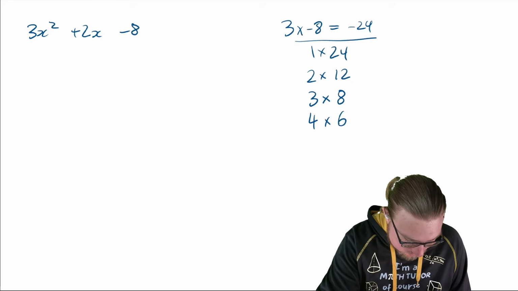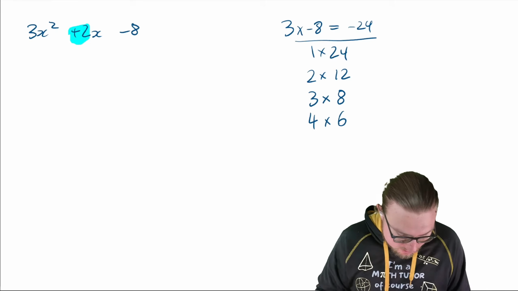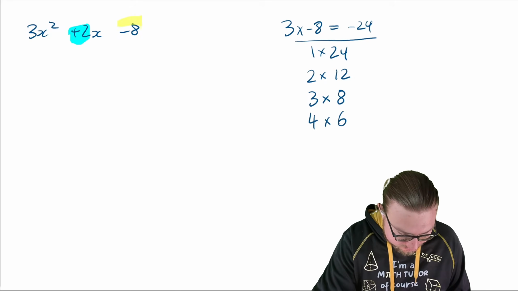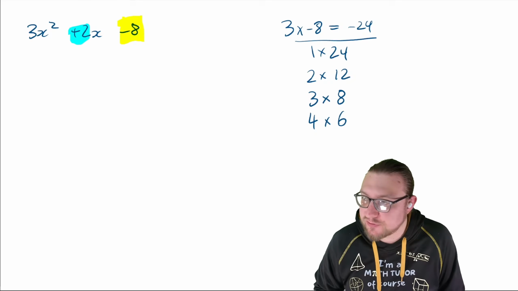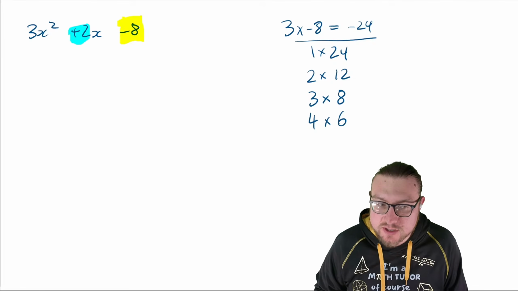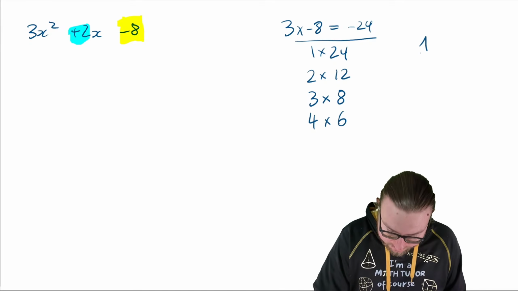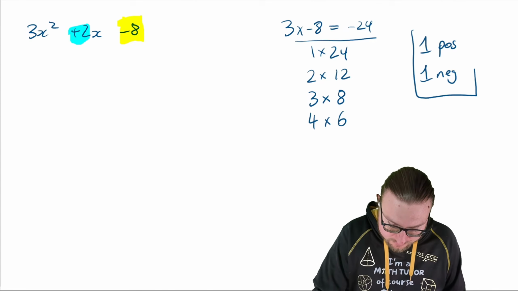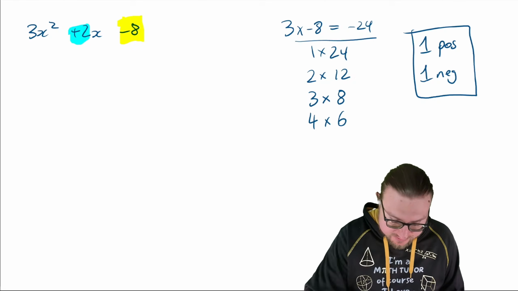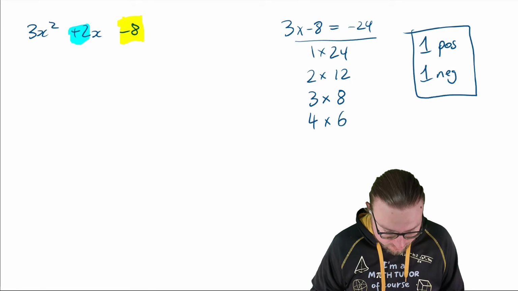Okay, and we're going to check which ones add to +2. But now, because we have a -8 here, that means we're going to have to take one positive and one negative number, because the only way to multiply two numbers together and get a negative is by having one positive and one negative. You can check this every time we have a positive or negative here, and that will help you.